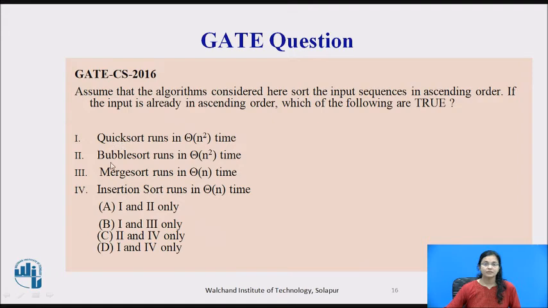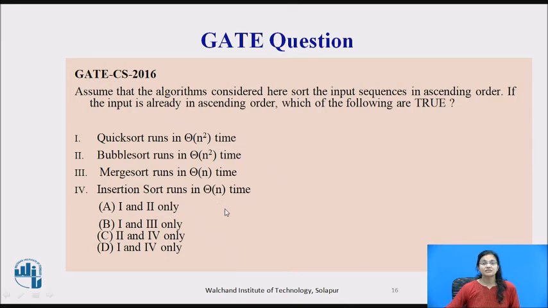Then bubble sort, it will be big O notation n square, because bubble sort always has two continuous loops, or you can say iterations. So it will be n square. Then merge sort is there, big O notation n log n, and insertion sort will have big O notation n.